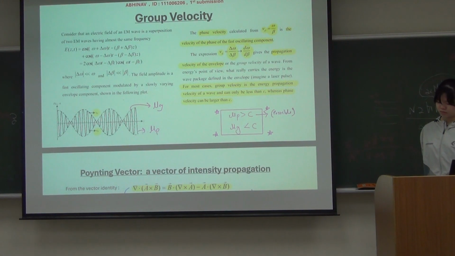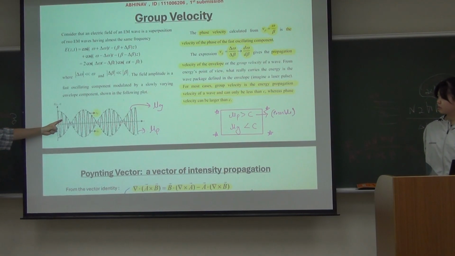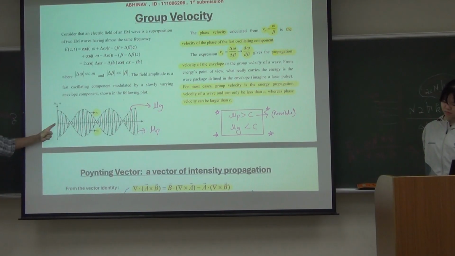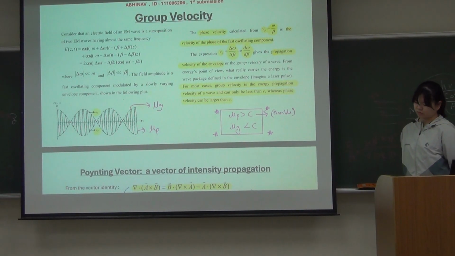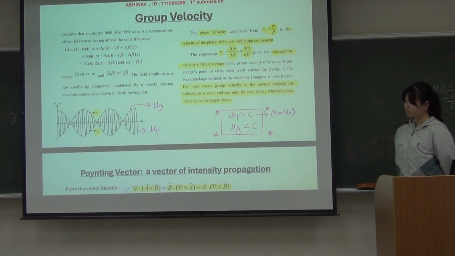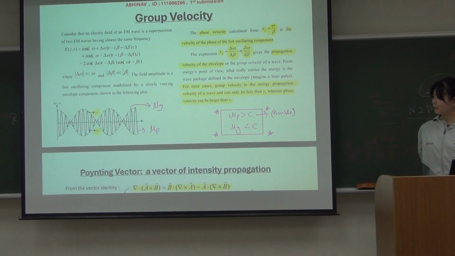And so the phase velocity can be larger than the speed of light, because when you talk about information, you need to talk about group velocity. So group velocity is the energy velocity. But this is something even deeper. I prefer not to confuse you. But this is sort of accepted by everybody.